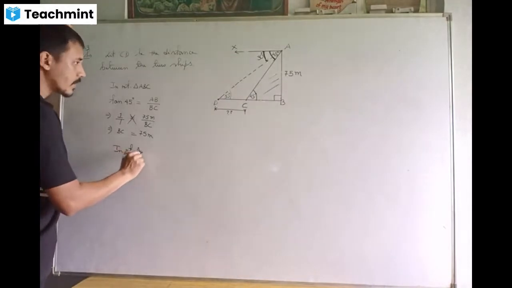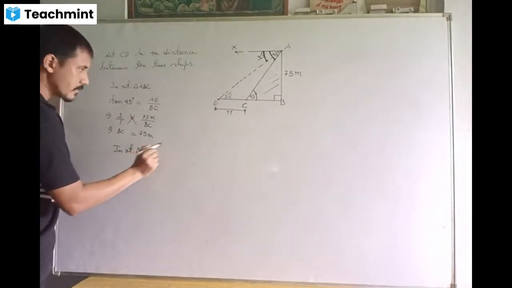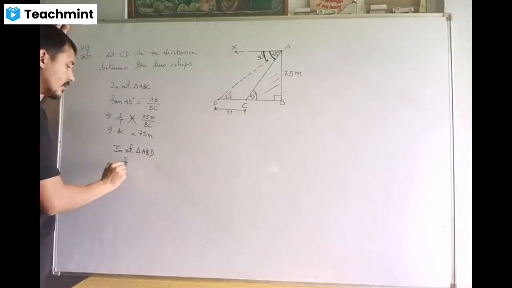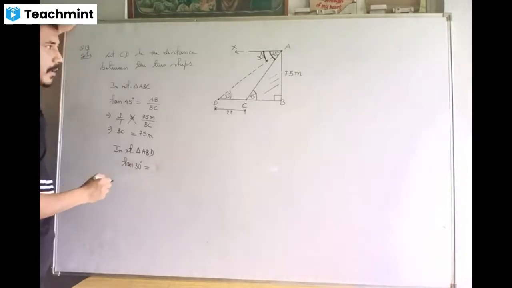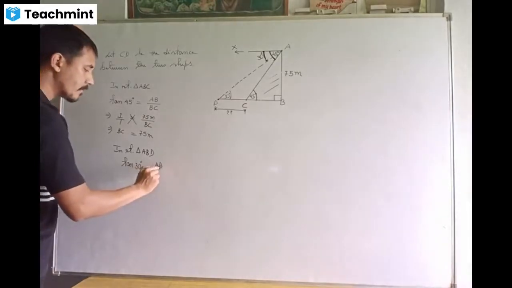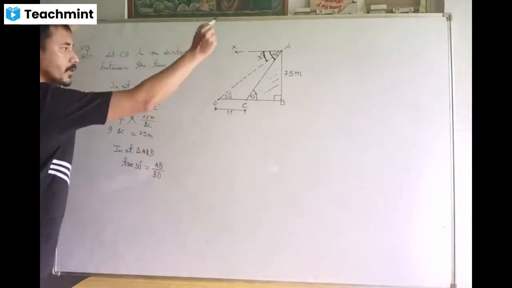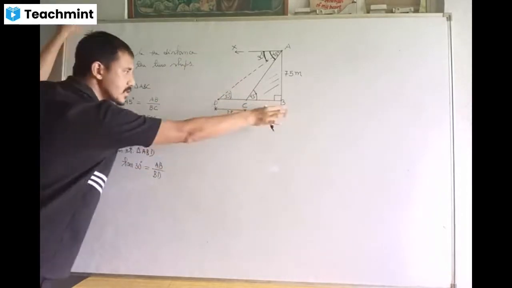In right triangle ABD, your angle is 30 degrees. So tan theta, which is tan 30 degrees, means opposite side, that is AB, upon the adjacent side BD. For the bigger right triangle, your adjacent side is BD.